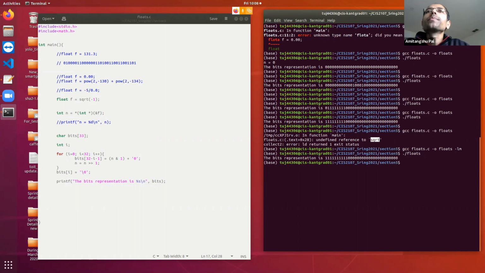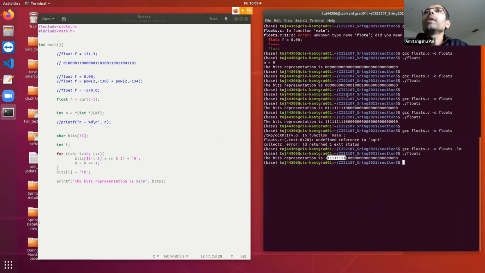So here it is showing the bit representation. Here the sign bit can be anything. The next 8 bits are exponent: 1, 2, 3, 4, 5, 6, 7, 8. All the 8 bits are 1. Clear? But if you look at the mantissa section, not all the mantissa bits are 0.